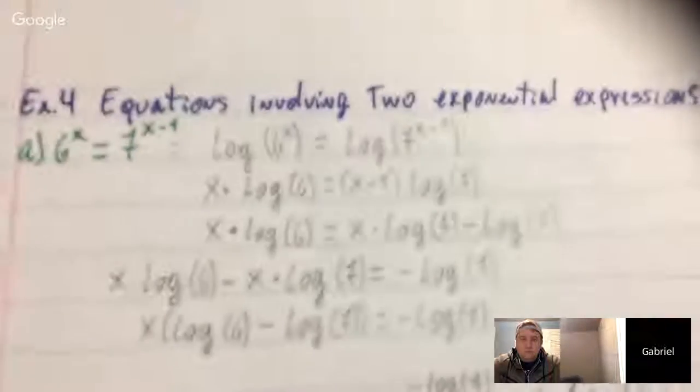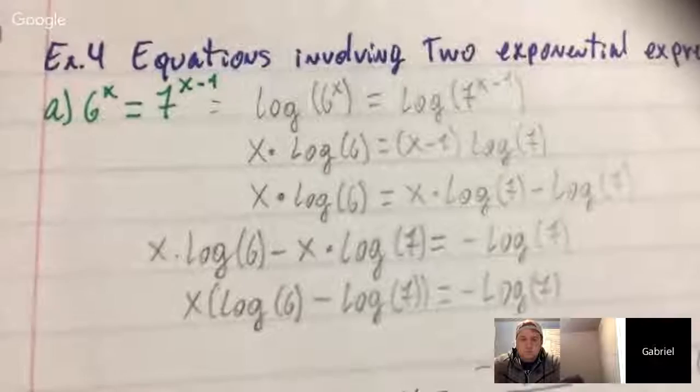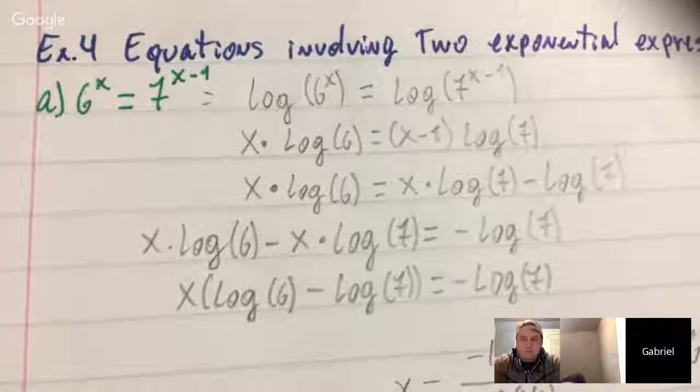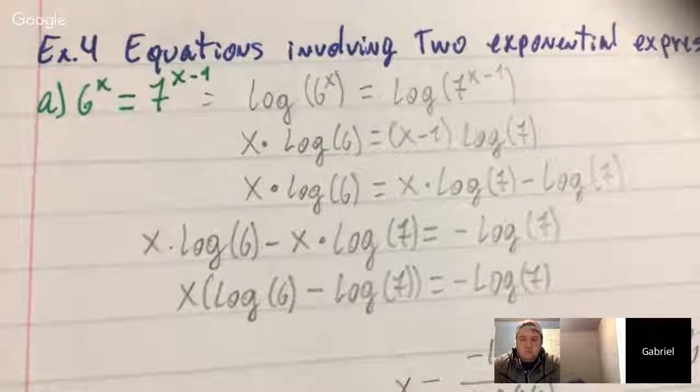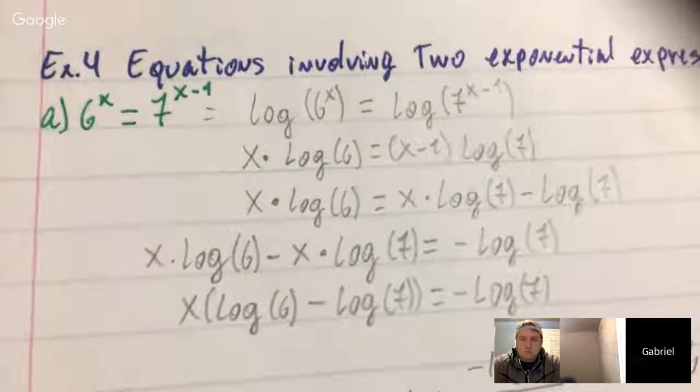Look at example 4 in the book. It's an equation involving 2 exponential expressions. I can show you guys. I don't know if you can see it. So this 6 to the x, they put it in log and then took the x out. Isn't it something like that we should do?